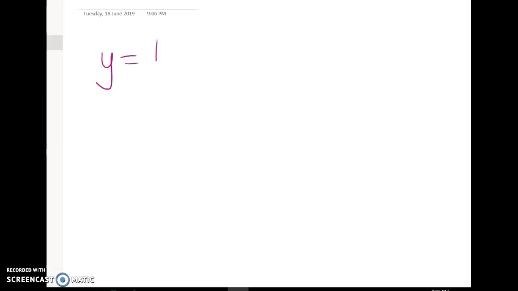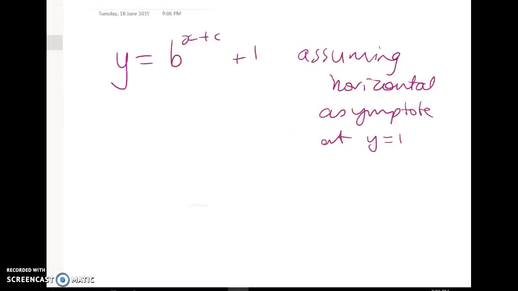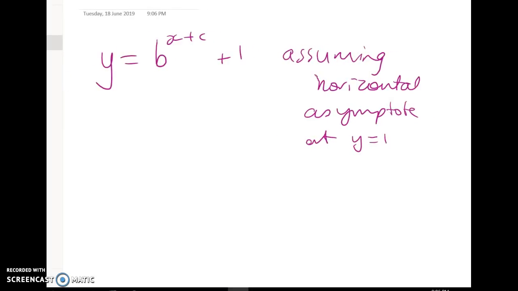So y equals b to the x plus c, plus 1, assuming horizontal asymptote at y equals 1.